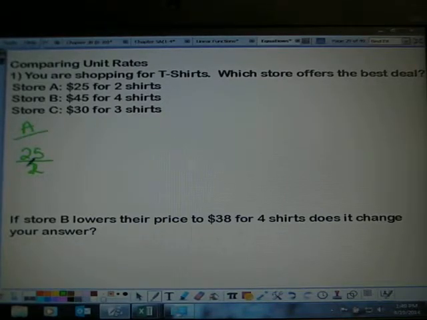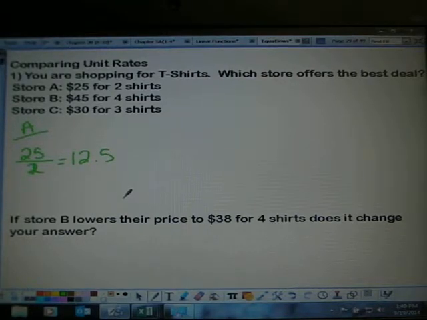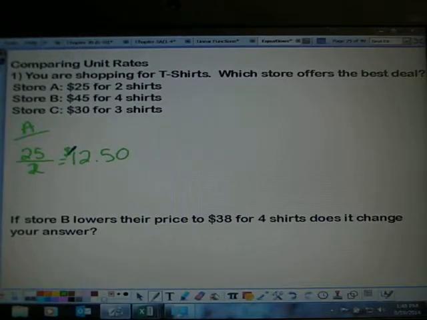Well, the way that you're going to do that is actually just divide 25 divided by 2, and you get 12.5. Now we're talking about how much a shirt costs, so we want to make this look like money. $12.50 for every 1 shirt. Or if you just put shirt there is fine, because that denominator of 1 you don't have to write.